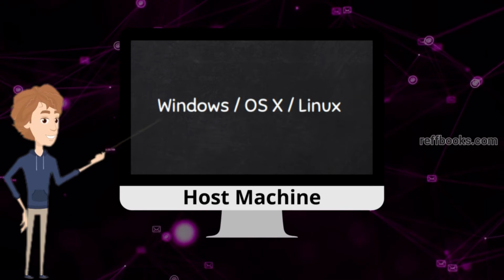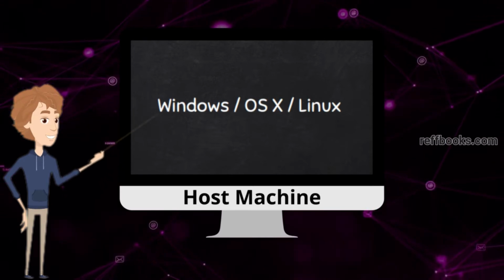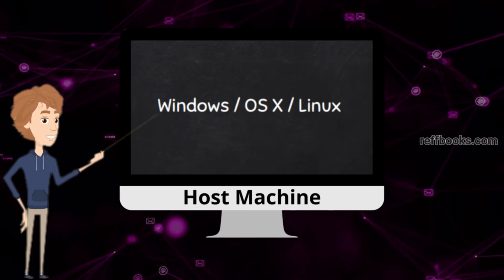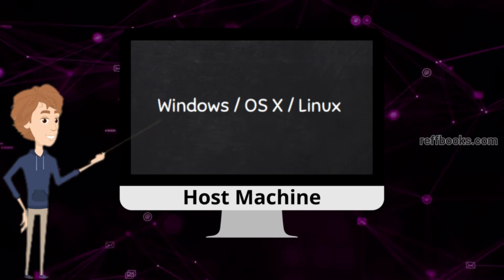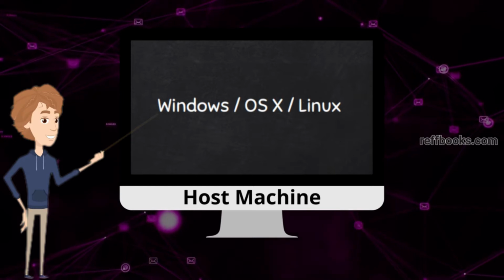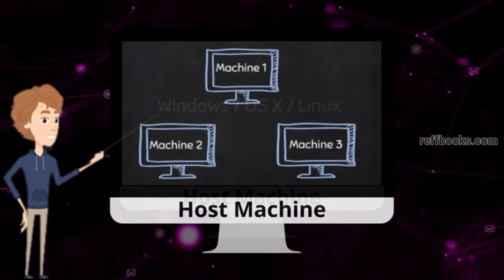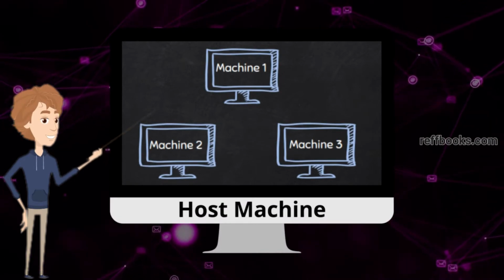So let's say you have your computer right here. This is your main computer that you use every day to check your emails or even to watch this course. This computer might be running Windows, OS X or Linux. It doesn't really matter. It can run any operating system. You can keep all the programs that you love and like, and install a virtualization software such as VirtualBox.